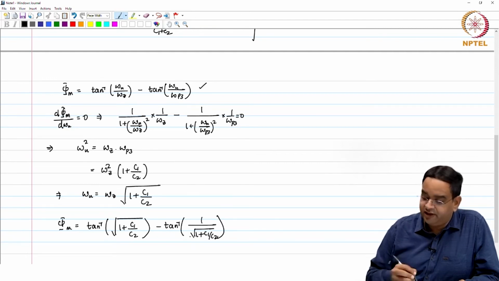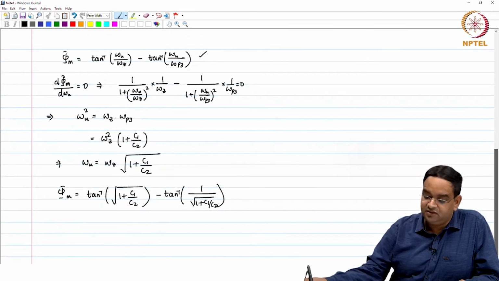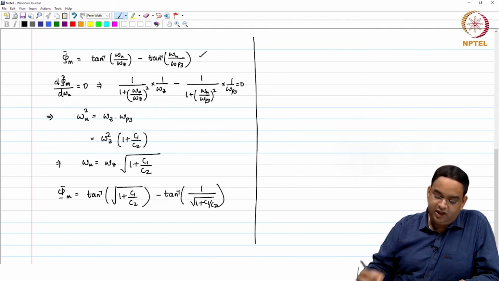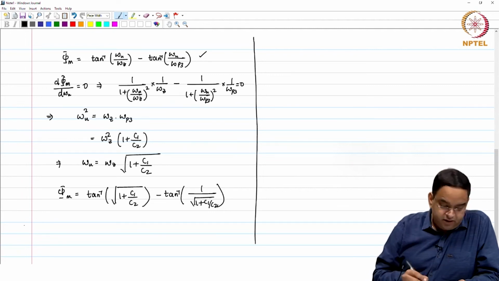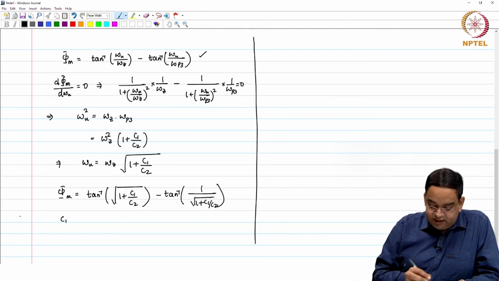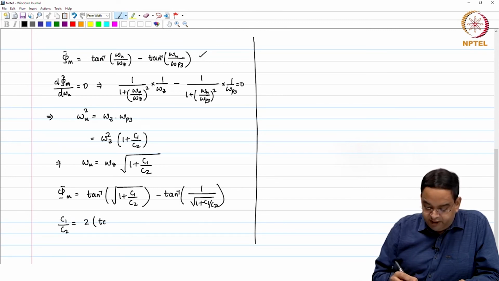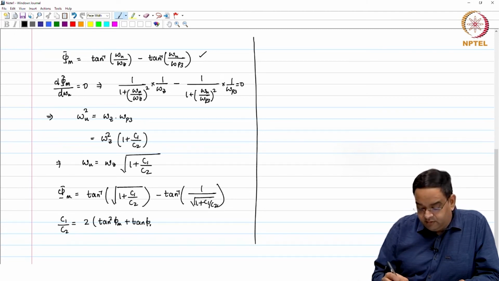So, what you see here is that your phase margin is just a function of the two capacitors which you are choosing. In that way I can take tan on both the sides and solve that equation, which turns out to be C1 by C2 is 2 times tan square of phase margin plus tan phi m into square root of 1 plus tan square of phi m.